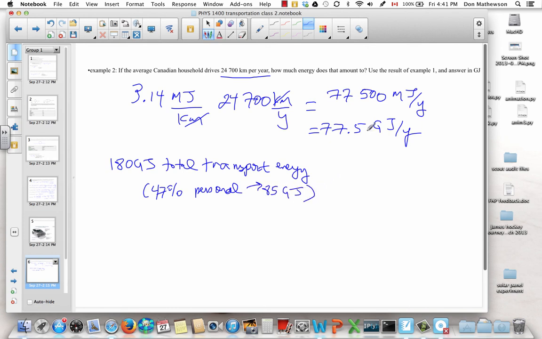So again, our model, just for the one car that we took, we're getting a value that's pretty close to the average Canadian value. It's maybe a little larger just because not everybody drives Ford Focuses in Canada. There's larger vehicles, so the overall passenger vehicle total is a bit larger because of that. But certainly the right ballpark, and that's what we're looking for when we do physics, when we do modeling. We want to make sure it's in the right neighborhood.